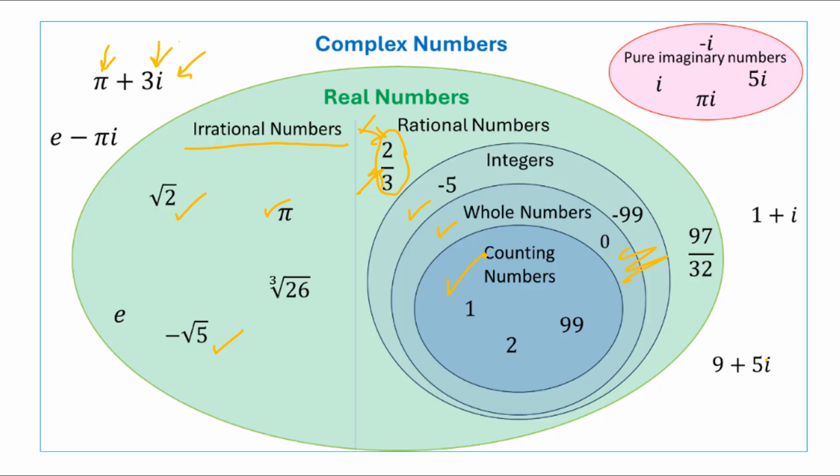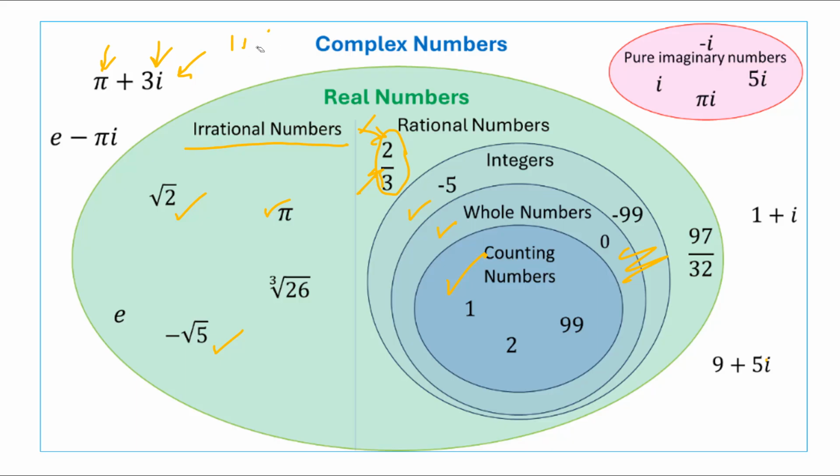So all those numbers belong to the complex numbers, and all the numbers we've dealt with since elementary school are inside that set as well, because any real number can be written, for example, as 1 plus 0i. So it's still part of the complex numbers. All those numbers belong to this bigger set called the complex numbers.